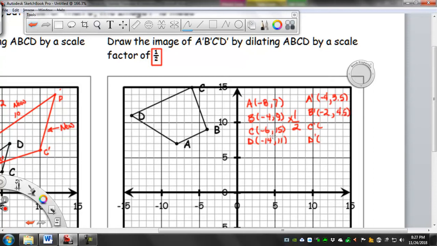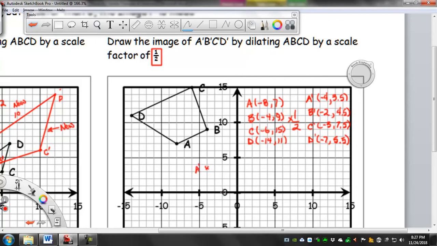Okay, let's look at C. That would give me -3 and 7.5. And then D would give me -7 and 5.5. Okay, so let's go ahead and graph these. A is -4 and 3.5, so that would be A prime.